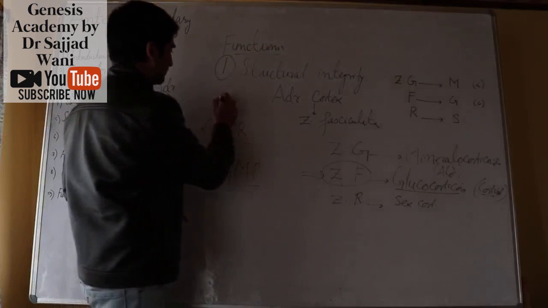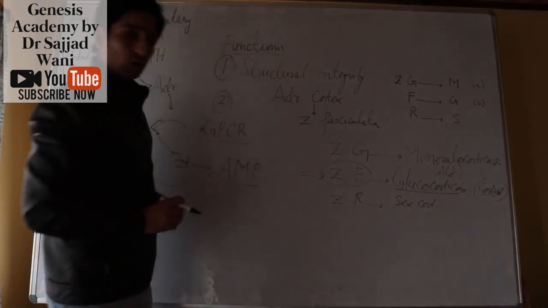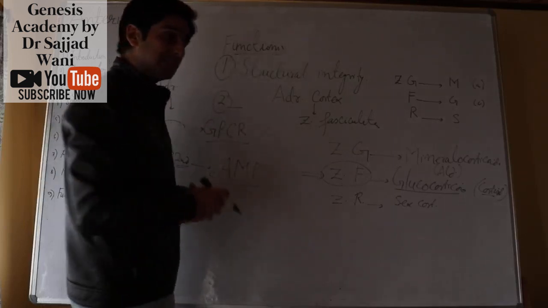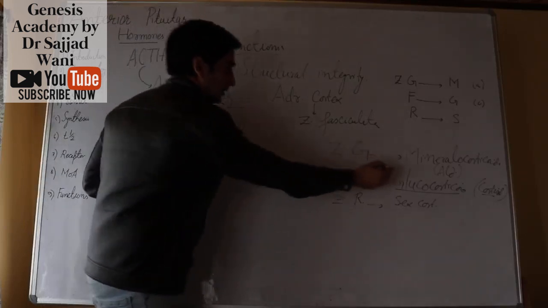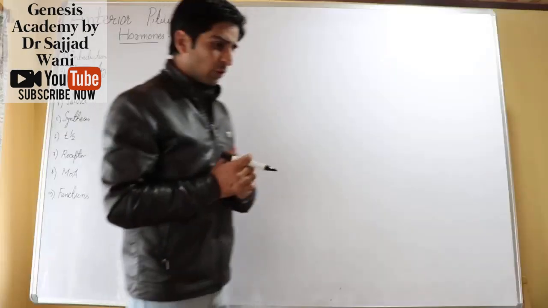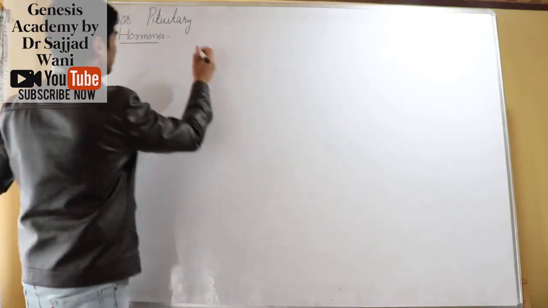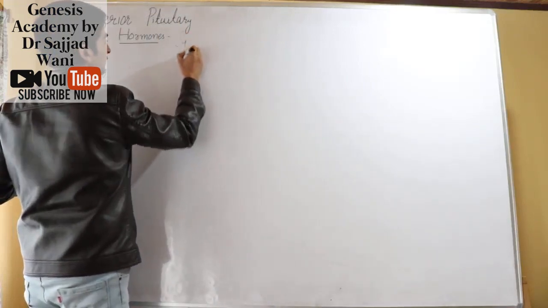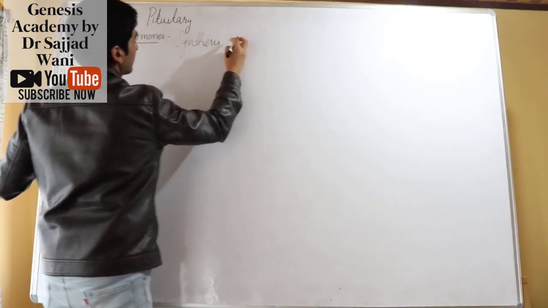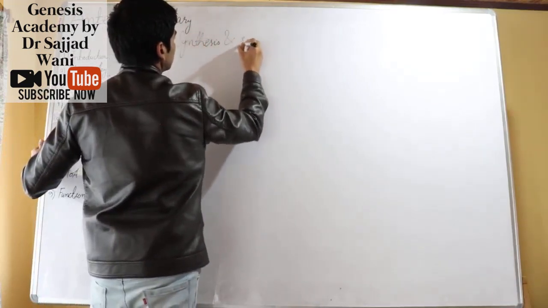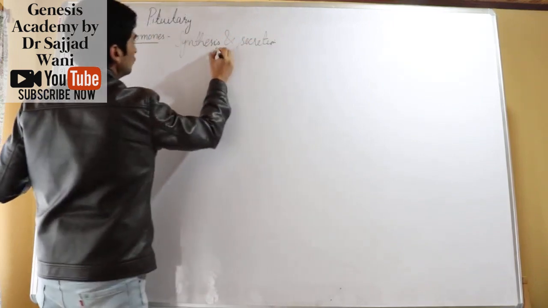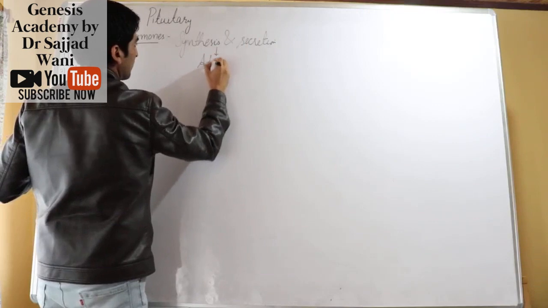Now, the second function of this adrenocorticotrophic hormone, a very important function, is the synthesis and release of these glucocorticoids. Adrenocorticotrophic hormone helps in the synthesis and secretion of the hormones of the adrenal cortex.